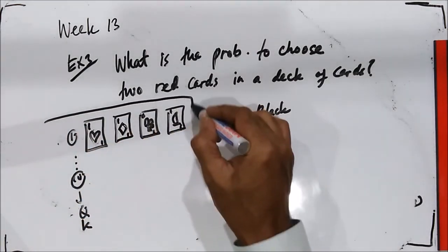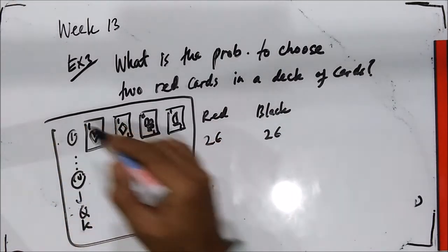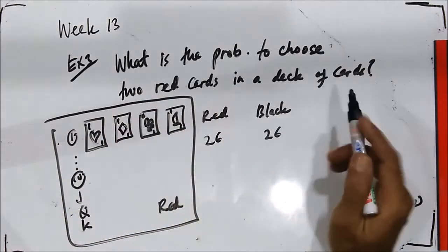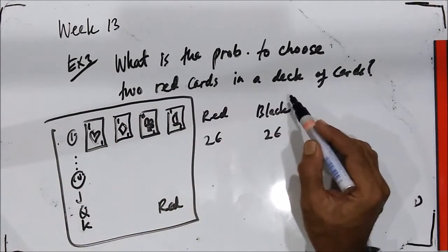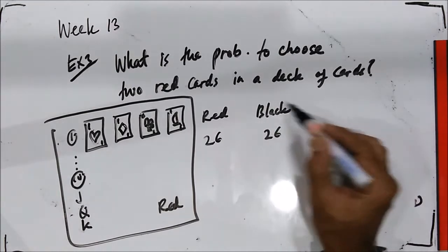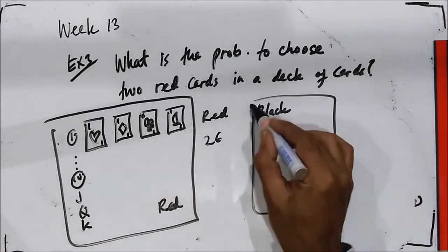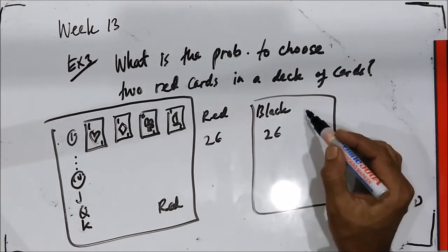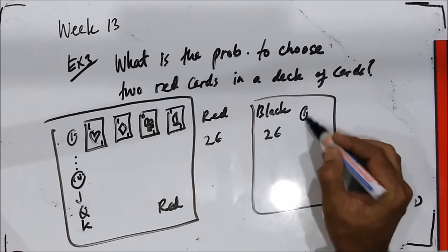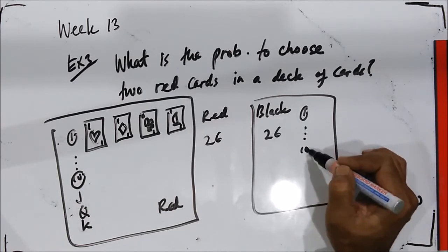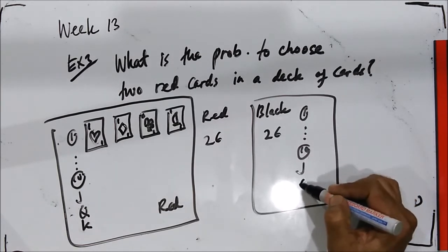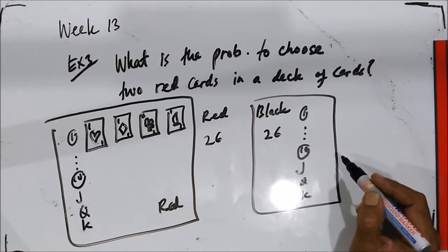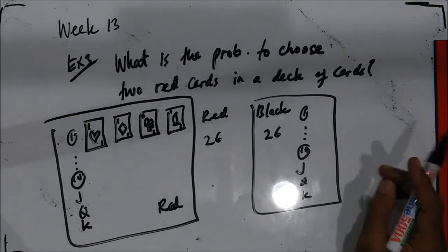The first one is a red color, and the other group is a black color. So we have 26 red and 26 black. Black is from number 1 up to number 10, and then we have J, Q, K.